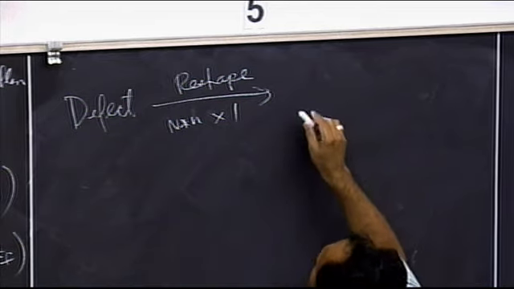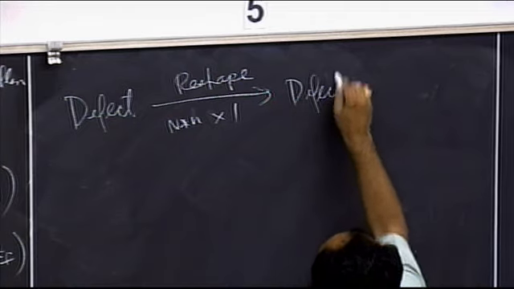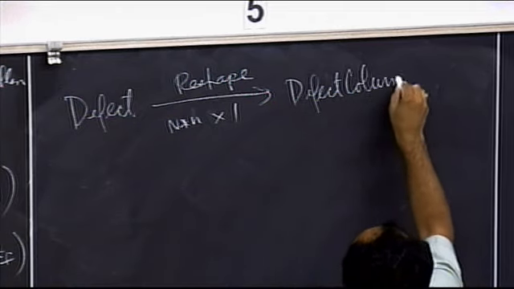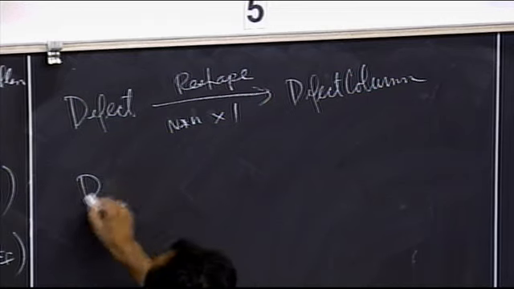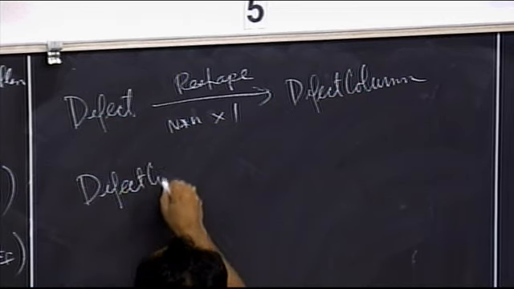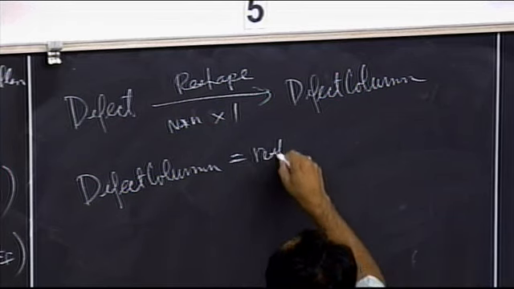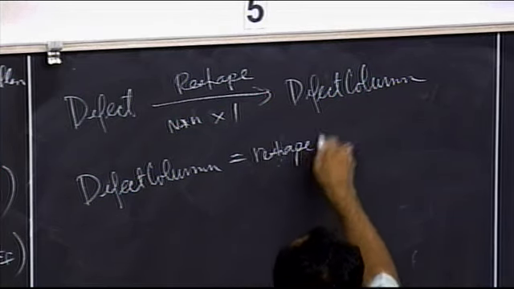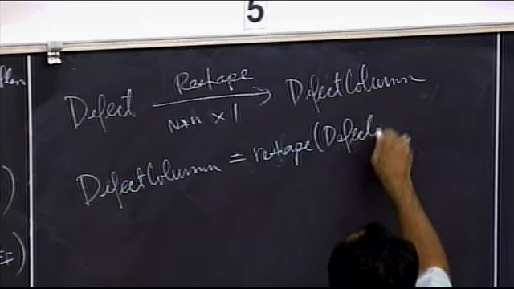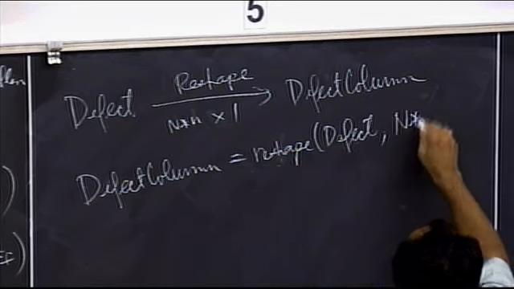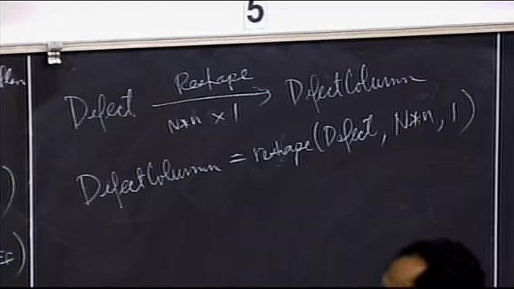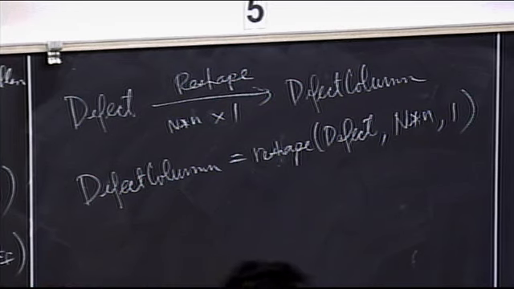Call it defect column. Defect column is equal to reshape defect, N star N, comma 1. It reshapes it from a matrix into a vector. So now I've reshaped that into a big column vector.